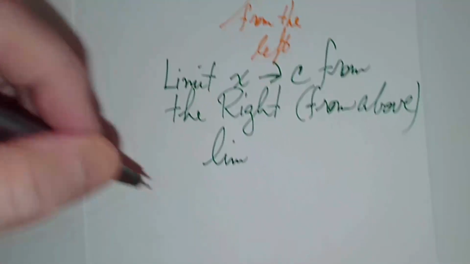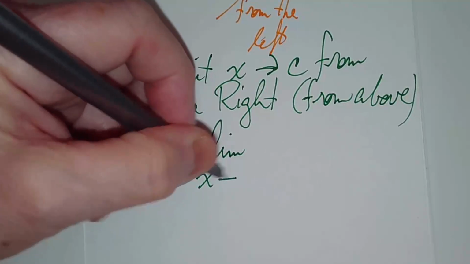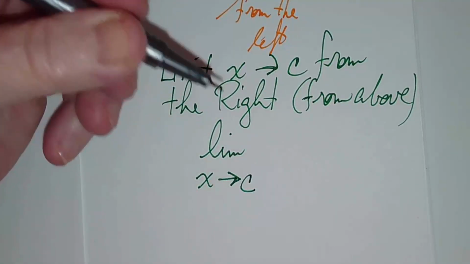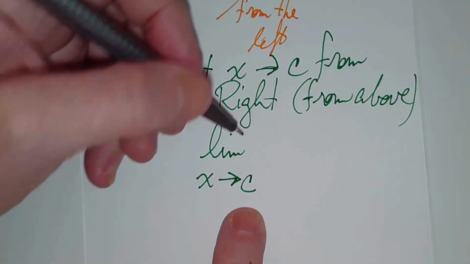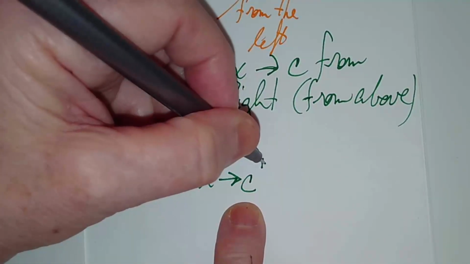The limit as x approaches c, and again, this is in the position of an exponent, but it is not an exponent.